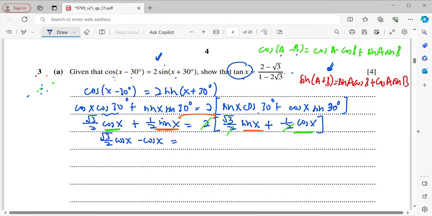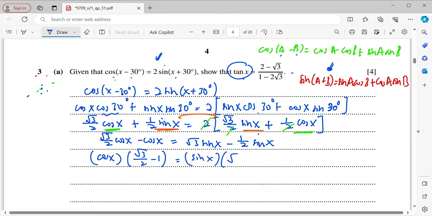Then from here, I will be getting square root 3 sine x minus half sine x. Then I factorize the same term, which is cos x. Then I will get square root 3 over 2 minus 1. Then from the right hand side, I will factorize the sine x.